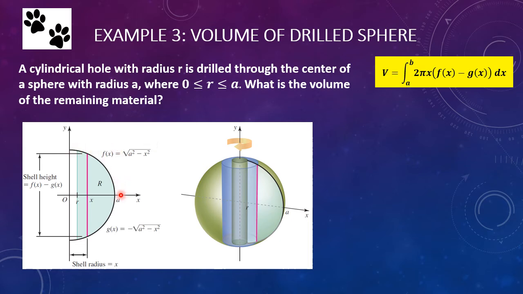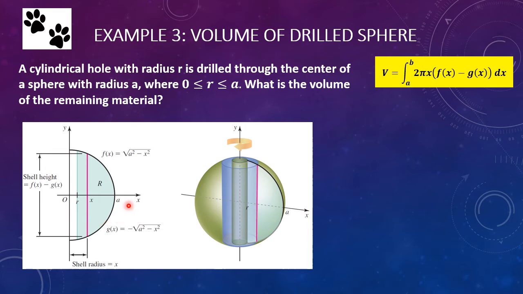So since we are not just revolving the region between this f of x positive version and the x-axis, we can think of the graph below the x-axis as a different function, g of x, and it has the same equation, but it's the negative square root. And that's what takes care of it being a full circle, that we have positive square roots above x, and then, of course, negative square roots below x.